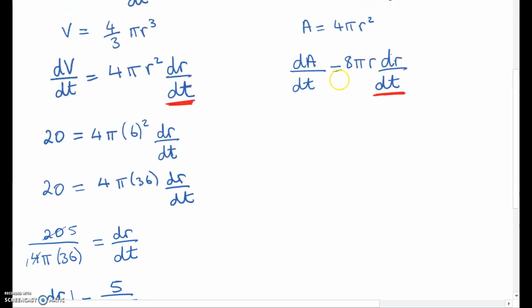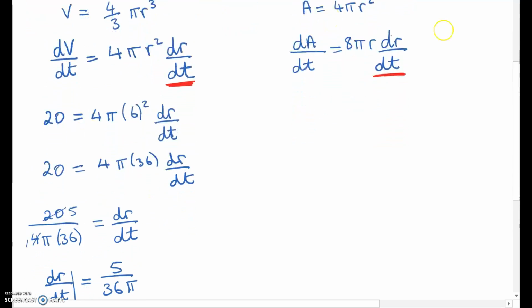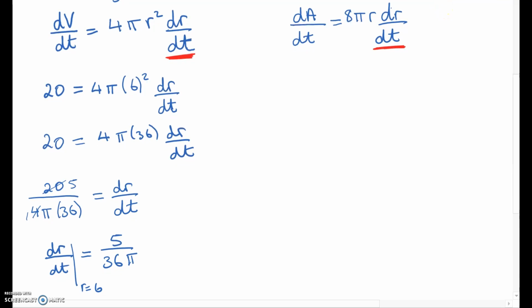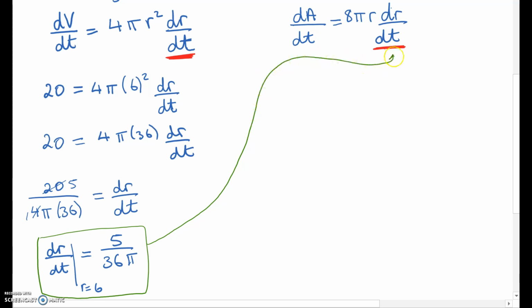Now, that's going to be useful for us because the only quantity that we didn't know in this equation was dr/dt. So we can substitute that in there. We know r is 6, so we have dA/dt is equal to 8 pi, r is 6, and dr/dt is 5 over 36 pi.